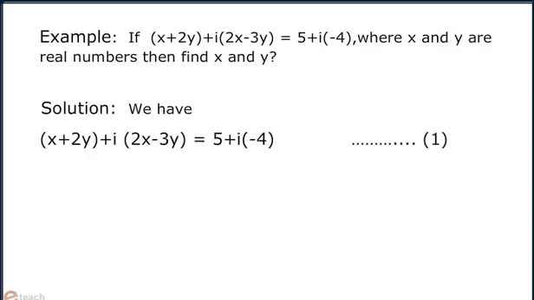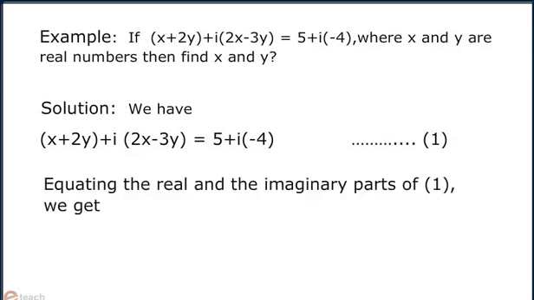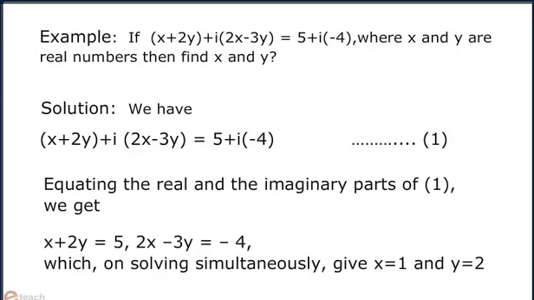We have x plus 2y plus iota times 2x minus 3y, which is equal to 5 plus minus 4 iota. Equating the real and the imaginary parts of equation 1, we get x plus 2y equals 5 and 2x minus 3y equals 4, which on solving simultaneously, we get x equals 1 and y equals 2.